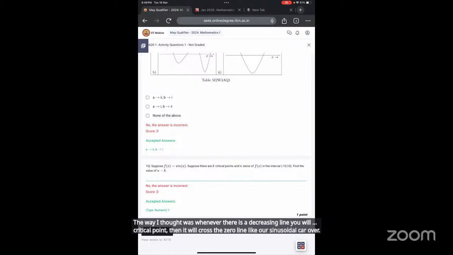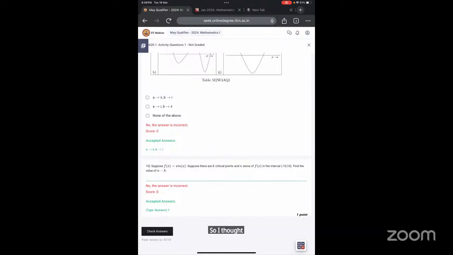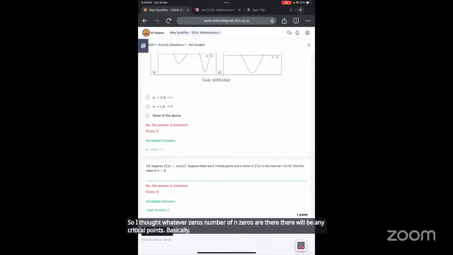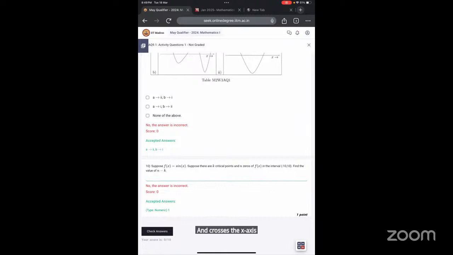So I thought, whatever number n of zeros there are, there will be n critical points. Once the curve comes down, it will go up, so one critical point, and it crosses the x-axis.